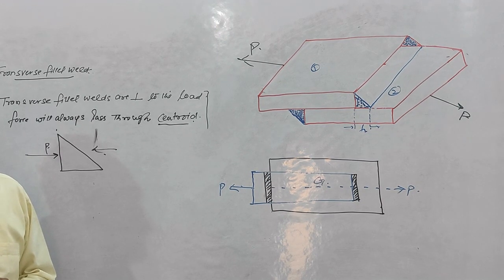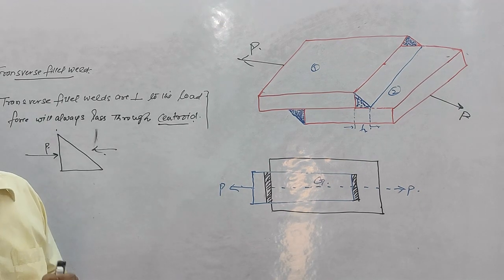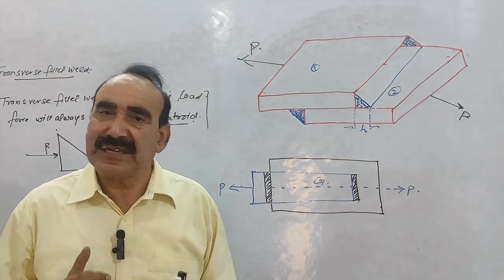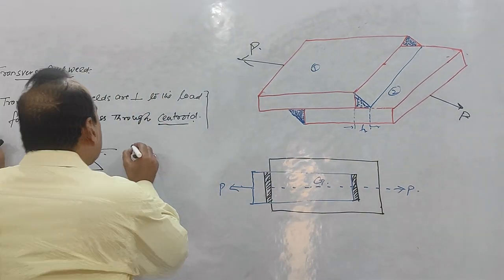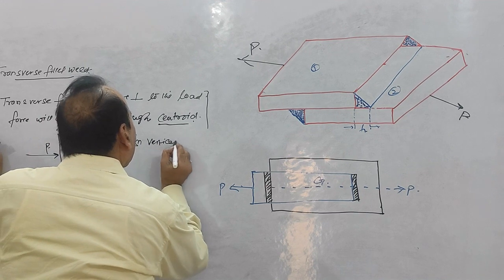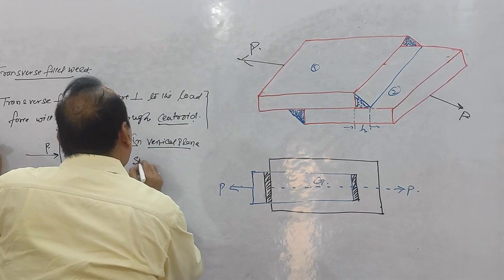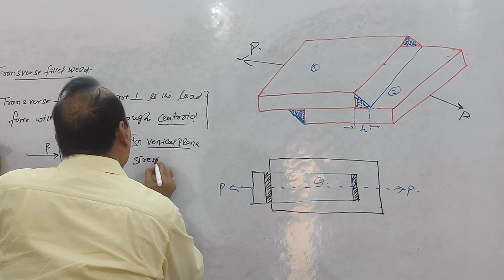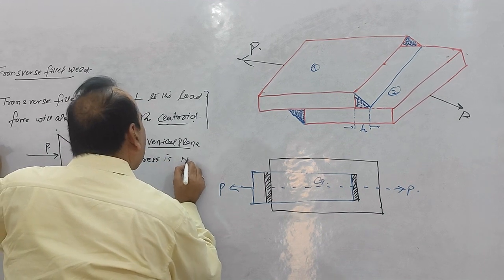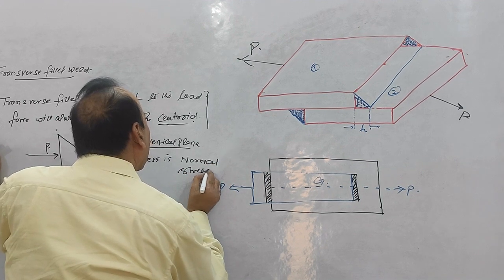So it means that in the vertical plane the force P will develop the stress. Which stress? That is the normal stress. So you can say that in the vertical plane, stress is normal stress.